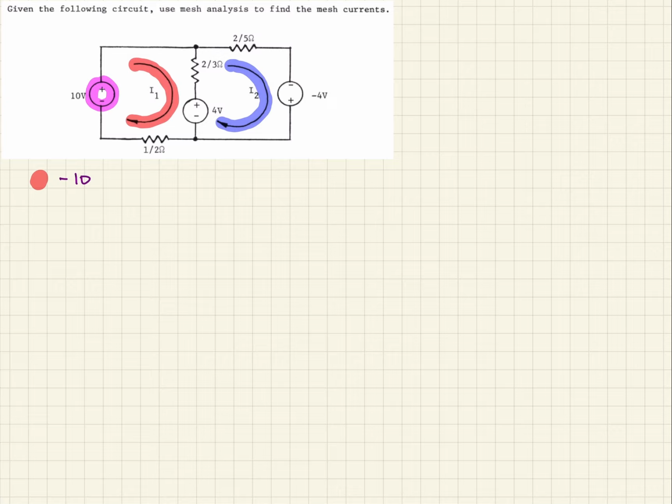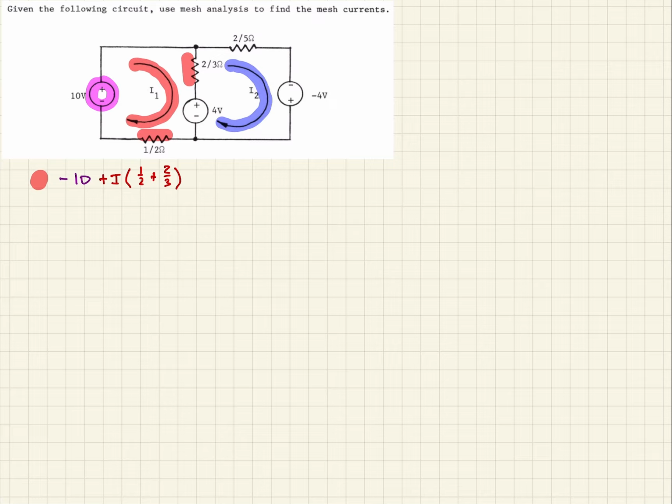Then as far as the mesh currents are involved, they go through the 1/2 and the 2/3 resistor values there. So that's going to be, we can write that as plus I1 times 1/2 plus 2/3.